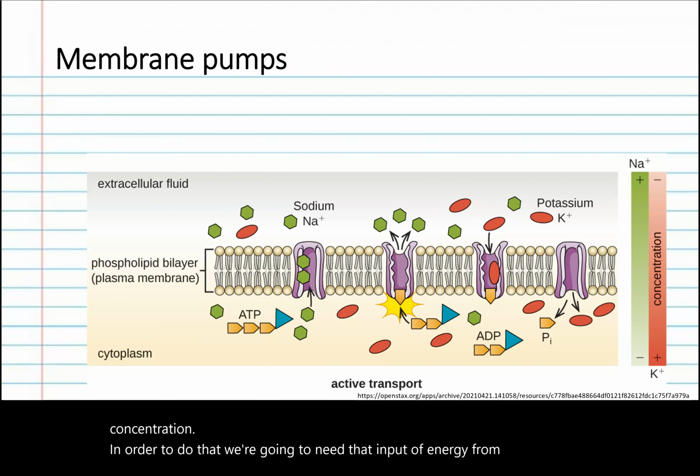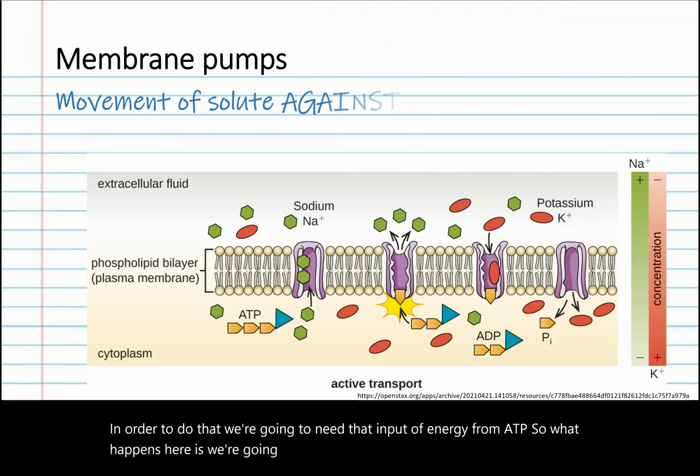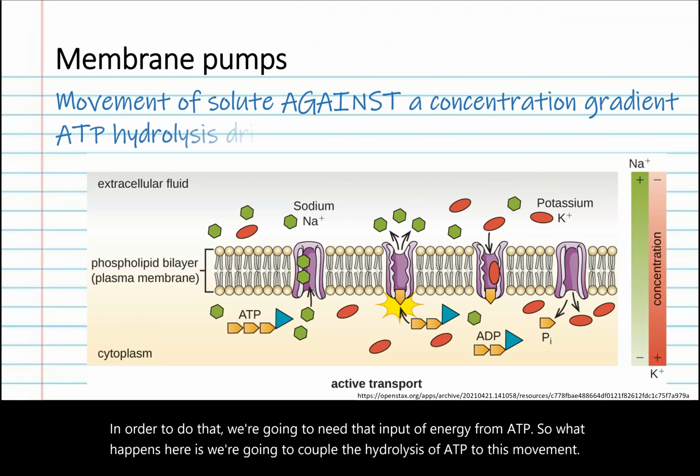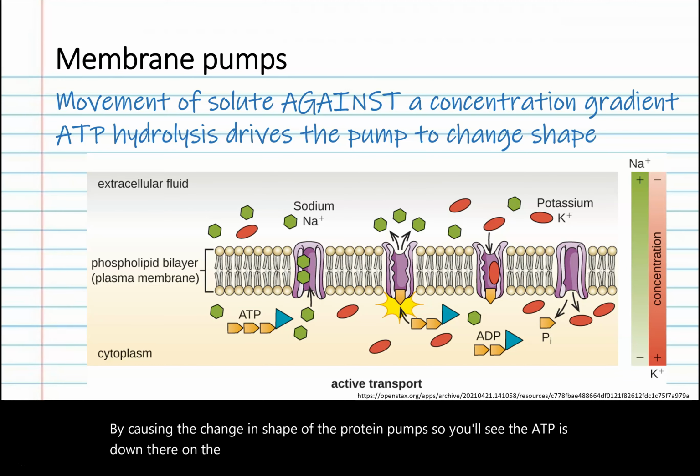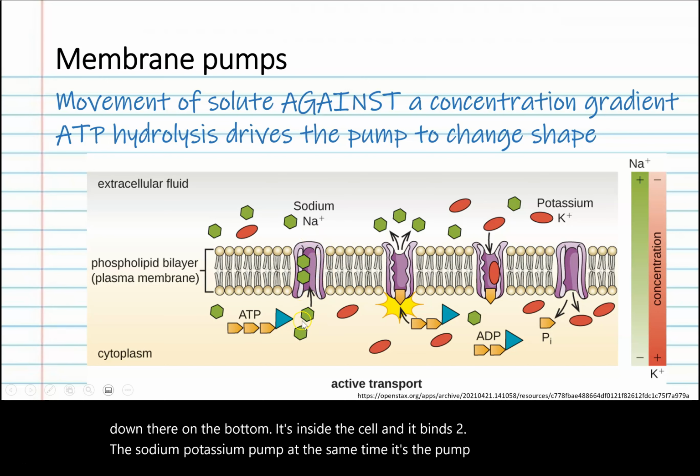So what happens here is we're going to couple the hydrolysis of ATP to this movement by causing the change in shape of the protein pumps. You'll see the ATP is down there on the bottom. It's inside the cell, and it binds to the sodium-potassium pump. At the same time, the pump is binding some sodium, right?